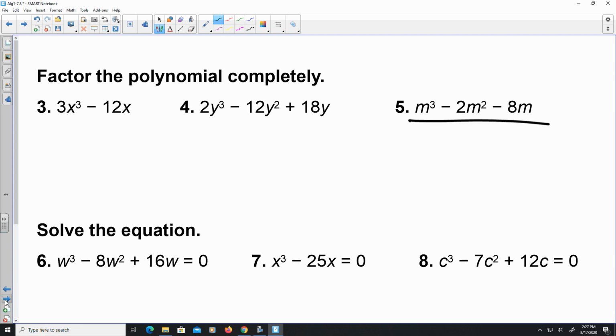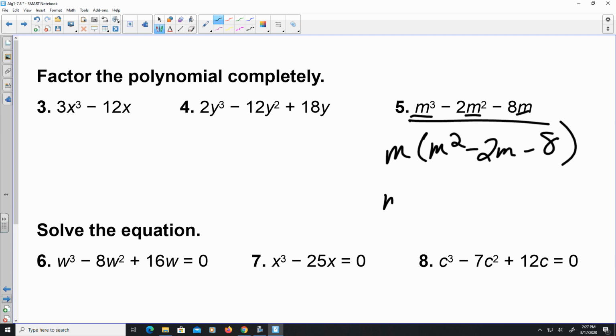Let's look at number 5. It's just asking to factor out completely. It's not an equation, so we're just factoring it out. There is no number that I can place on the outside, but they do share the variable m. So I could put m to the outside, which then leaves me with m squared minus 2m minus 8.